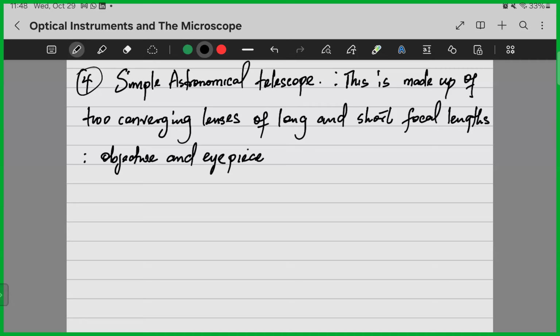The last difference I'll make is the fact that magnification for the compound microscope can be linear or angular.